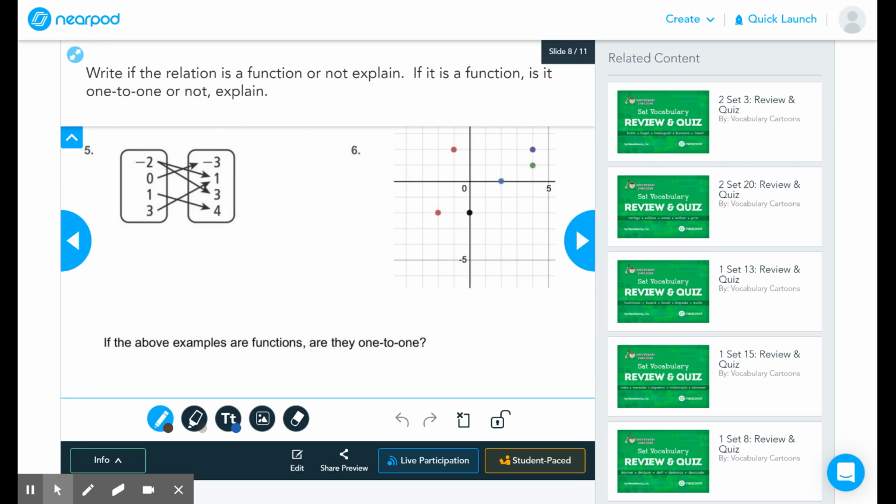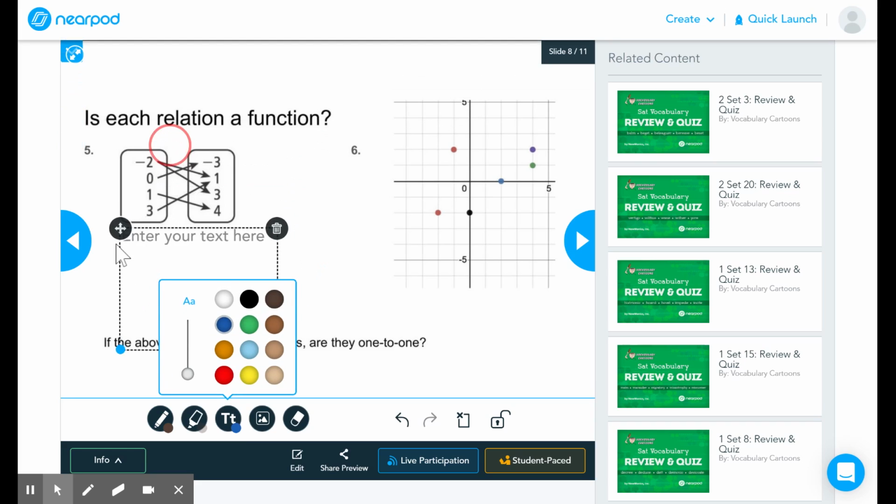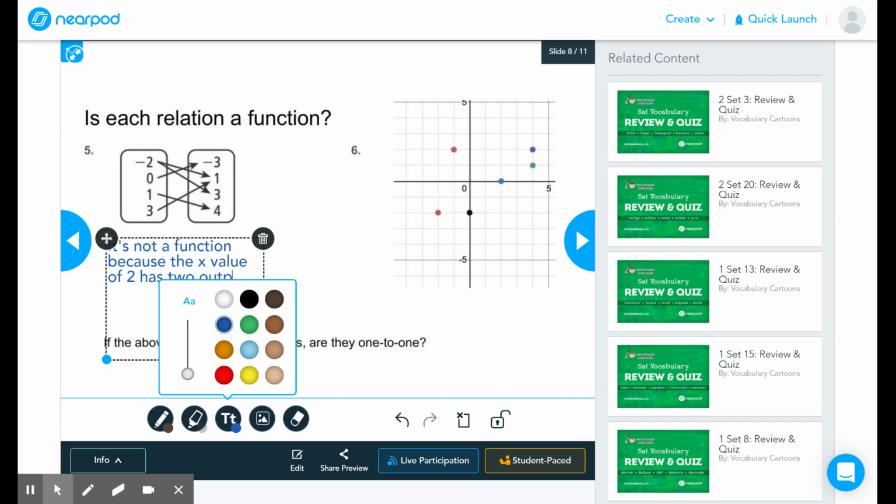All right, number 5 is not a function because the x value of 2 has two outputs, or two y values. So that means if you plug in one answer into the equation, you get two different answers.